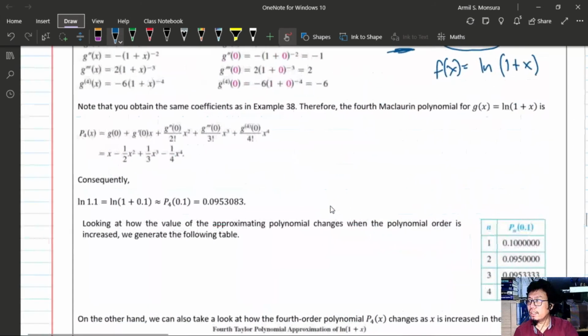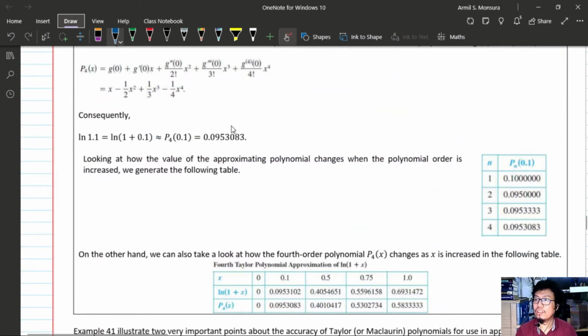If you actually take a good look at the effect of the terms used in the approximating polynomial, as you increase the number of terms, you actually get closer and closer to the value.